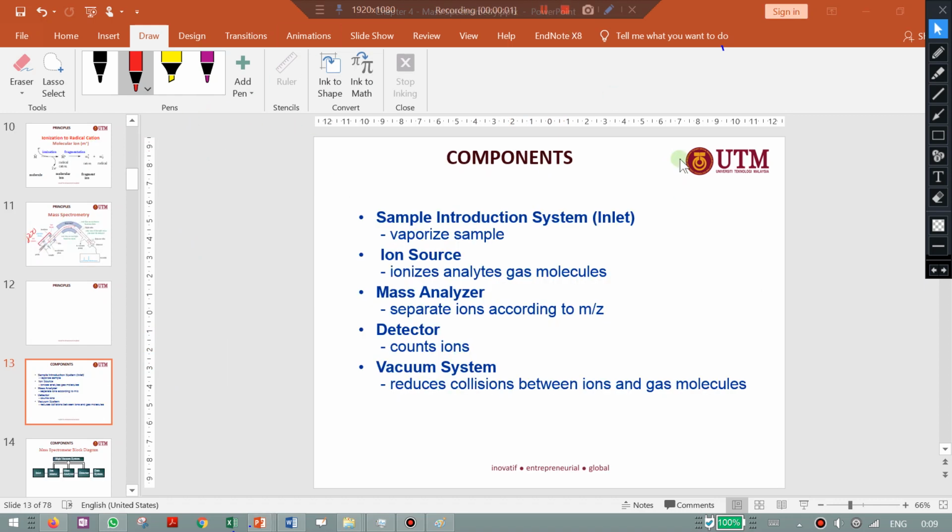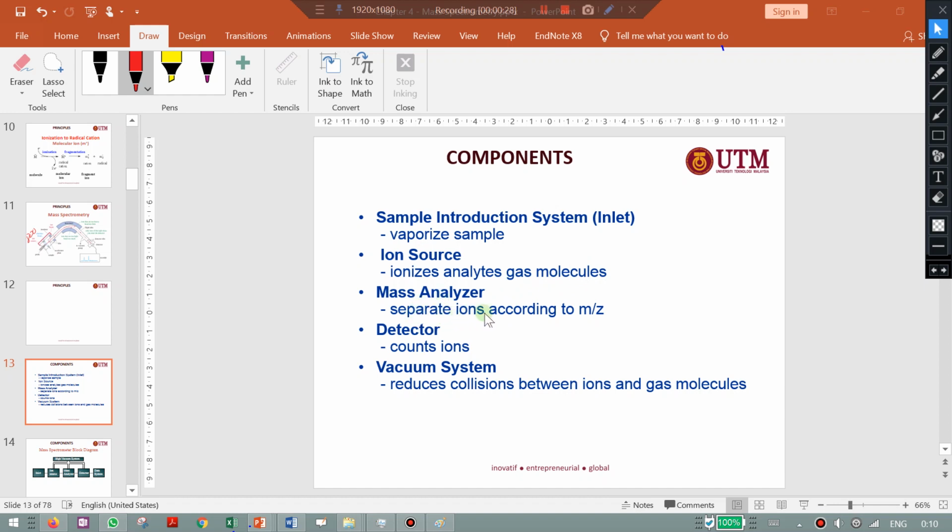In the next slide we will learn about the components of the mass spectrometer. The first is the sample introduction system, the inlet, where the sample is vaporized into the system. Then the ion source, whose function is to ionize our gas molecules into ions. Then the mass analyzer, where we spread ions according to m/z.